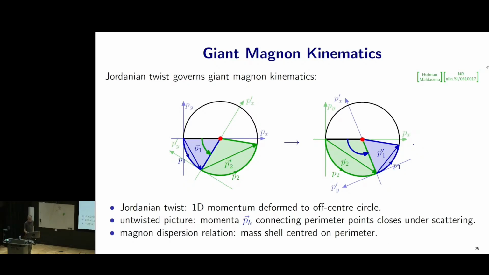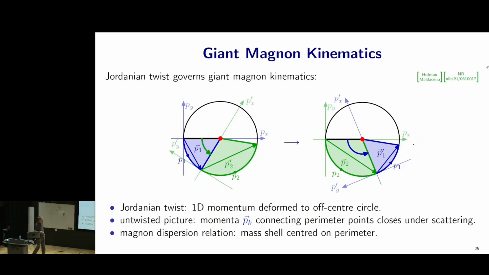Okay, I should probably come to a close, but I wanted to show you at least this picture here where you can somehow see how the momentum reduction and momentum scattering through an R matrix work. So recall the magnons in AdS/CFT are labeled by some momentum, say P1 and P2.